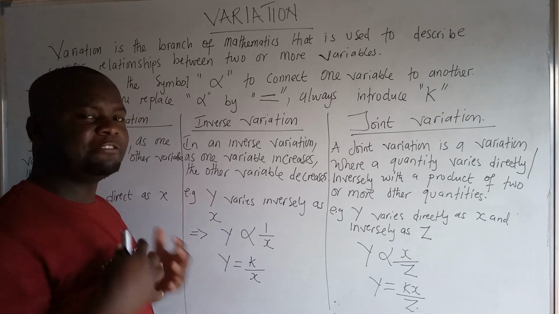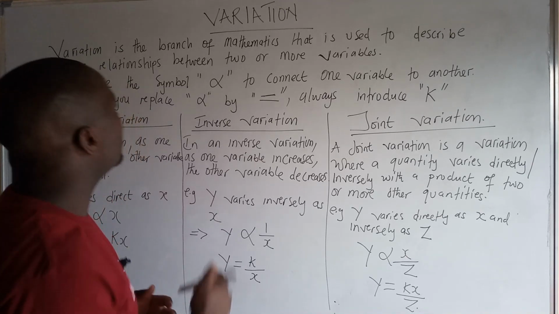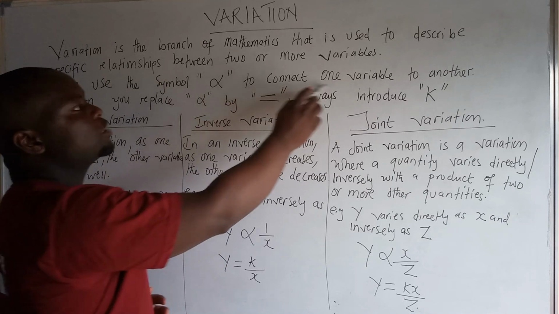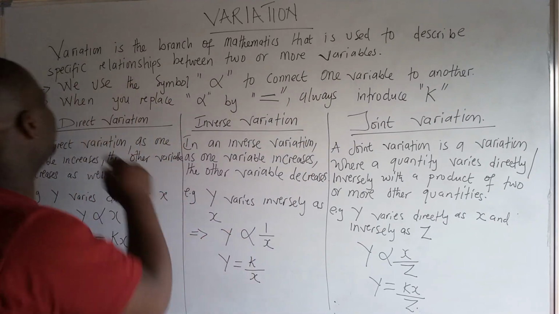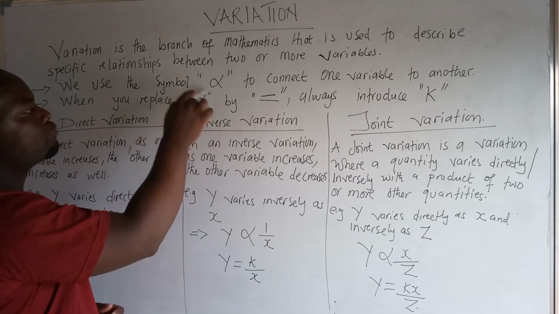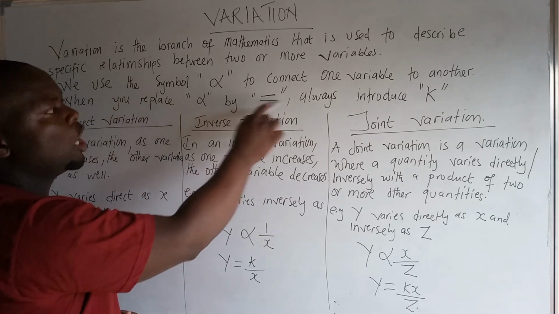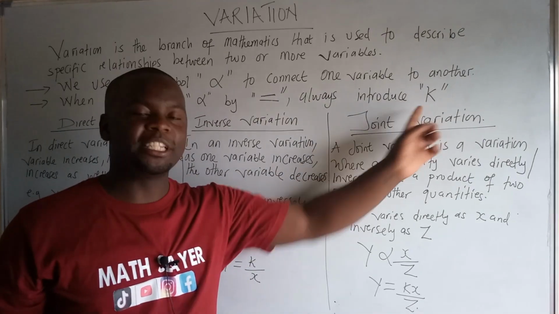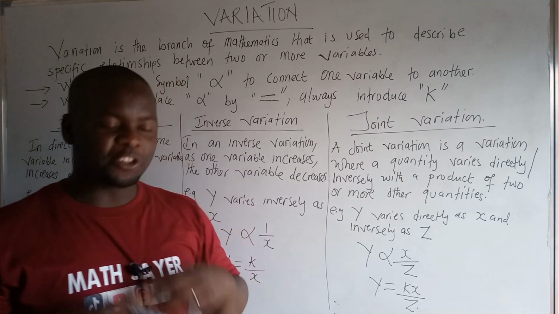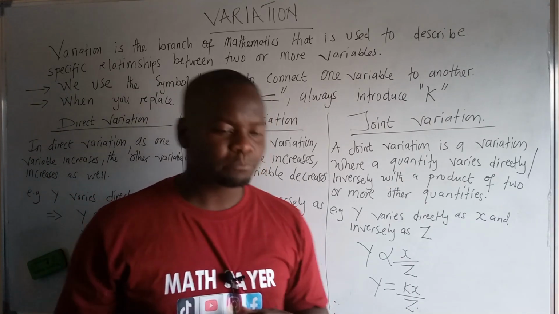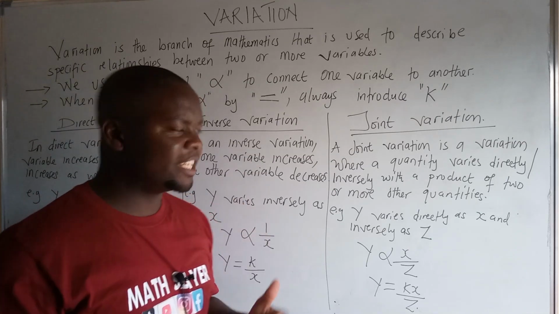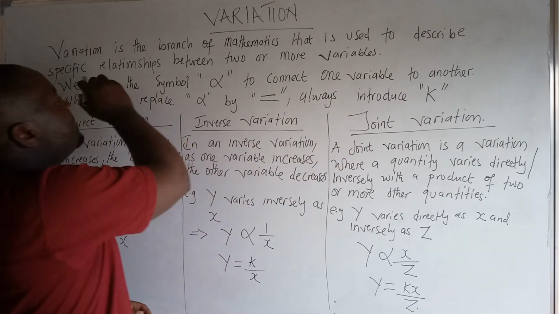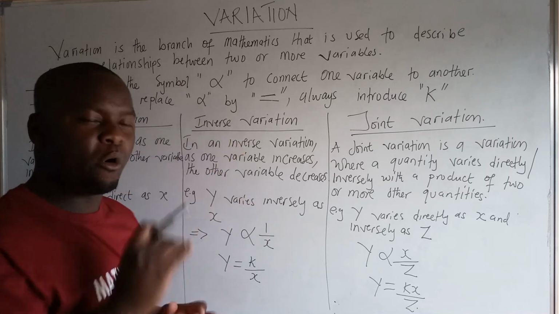All right. So after appreciating that we use this symbol to connect one variable to another, what else are you supposed to know? Okay, so when you replace the proportion symbol by the equal sign, always introduce k, which is the constant of variation. So this simply means that variation describes the specific relation between two or more variables.